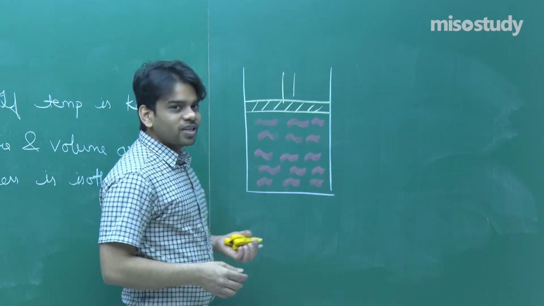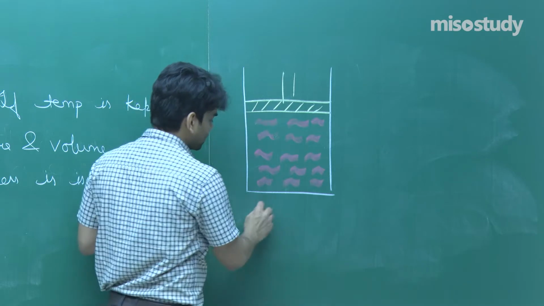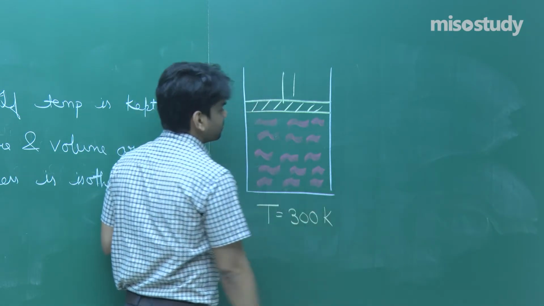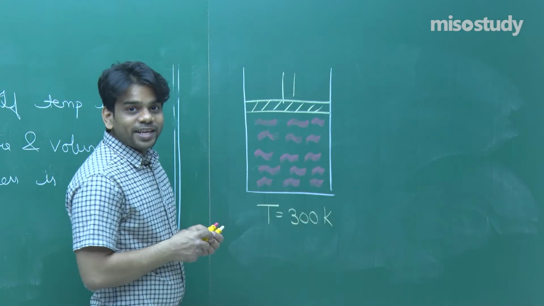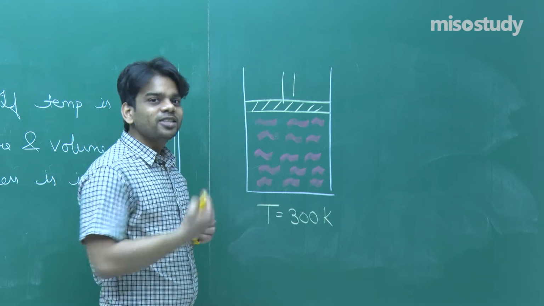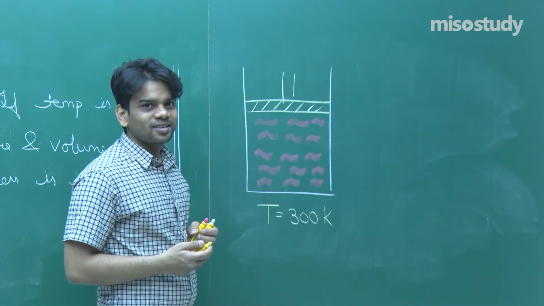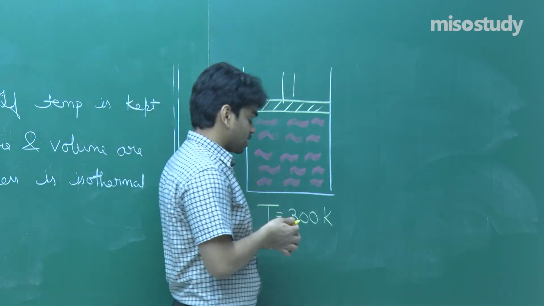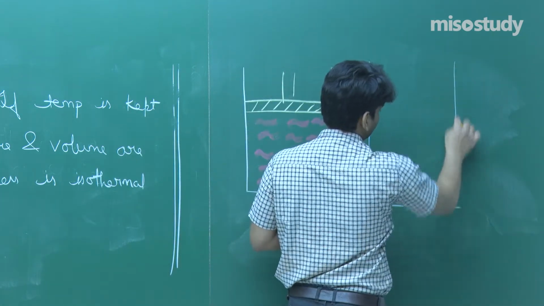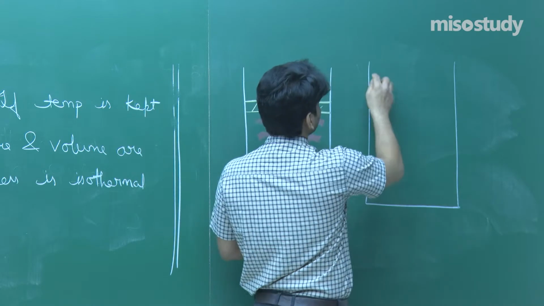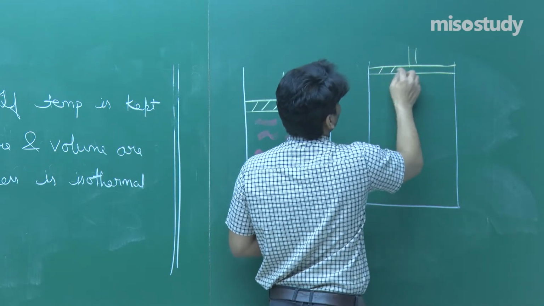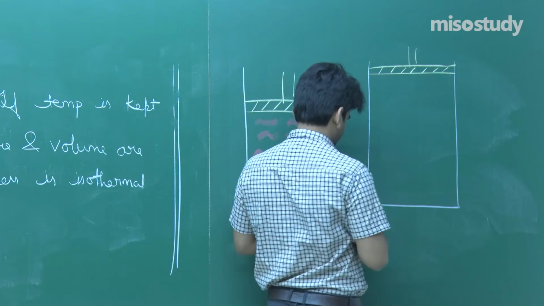Now suppose the temperature in this situation is 300 Kelvin, let's say, and through any means, by lowering the pressure of the gas, we made the volume of the gas expand. Let's say the gas is expanding. So what we will be finding is that the piston is going to move up and the gas is going to expand.